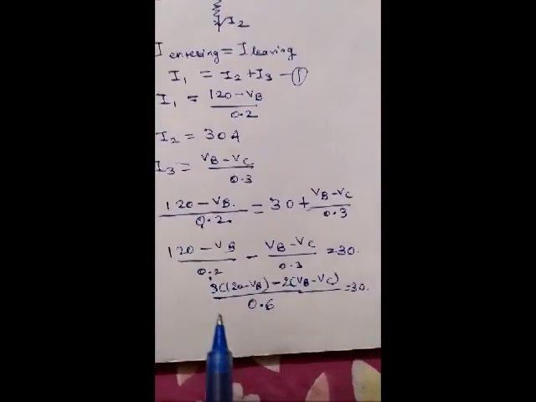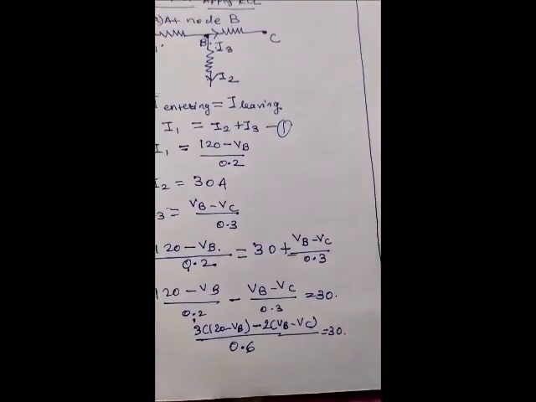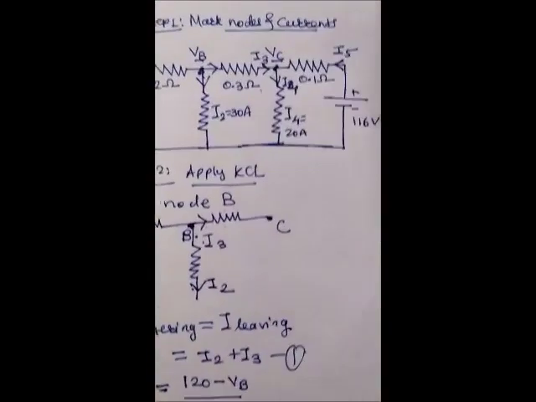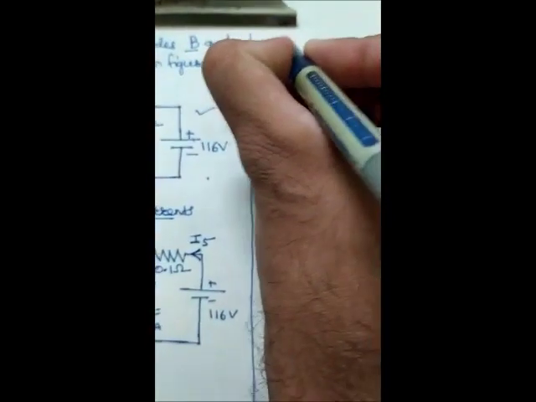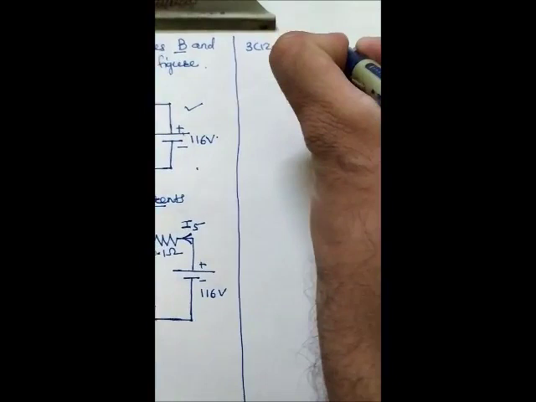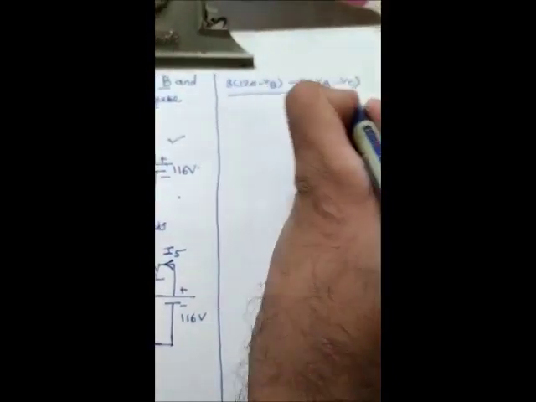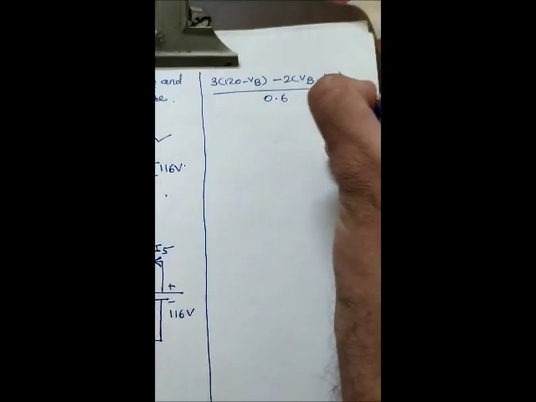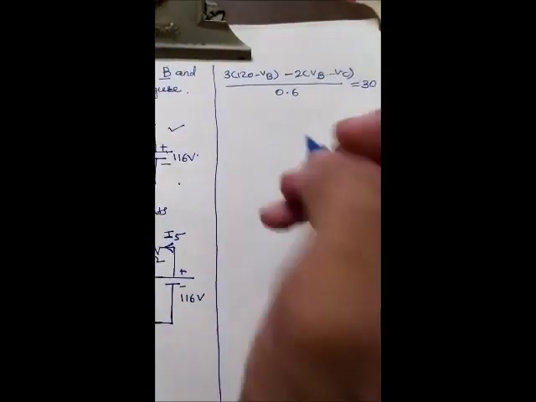See, this is 3 into (120 minus VB) and minus 2 into (VB minus VC). I will write it down again here. परत एकदा लिहून घेतो मी हे इथं, आपल्याला कॅल्क्युलेशनला सोपं जाईल. ओके, सेम इक्वेशन परत इथं लिहून घेतलंय मी.